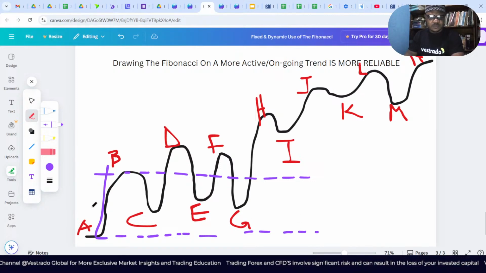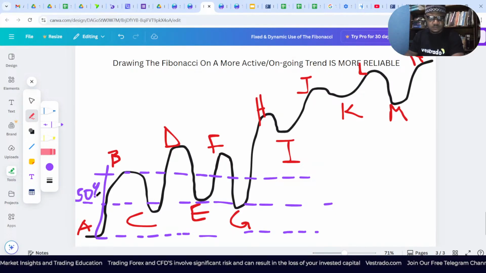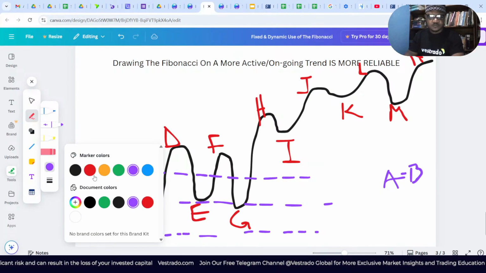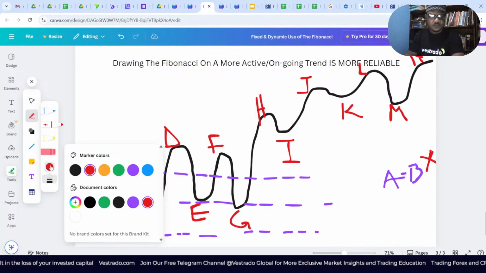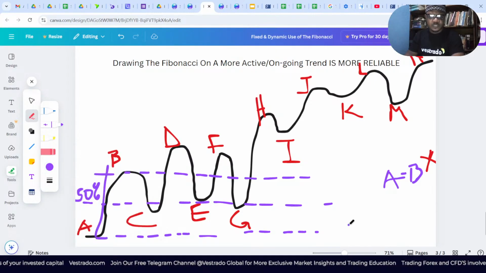We see that if this is a 50% mark on A to B, halfway mark, you see that price has reversed up to 50% the length of A, forming the wave C. So in my opinion, A to B, null and void. The trend A to B becomes null and void. So what do we do next?